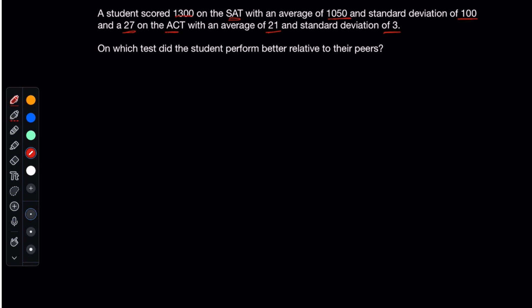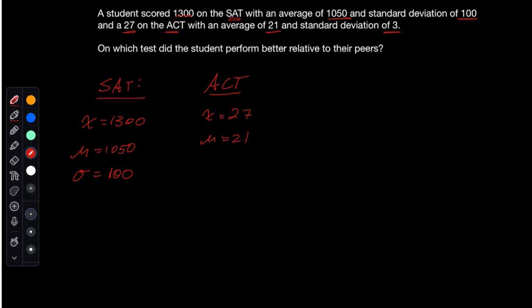Let's start with the z-score for the SAT. We know that x equals 1300 because that's the score that they scored. The average was 1050 and the standard deviation is 100. On the ACT, the score was 27 with an average of 21 and a standard deviation of 3.